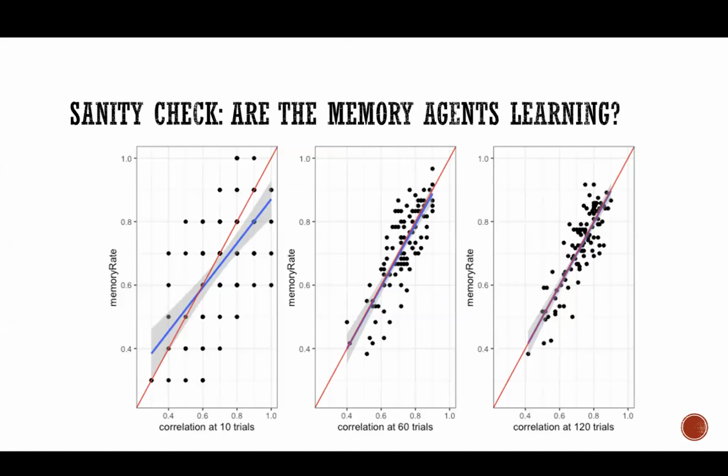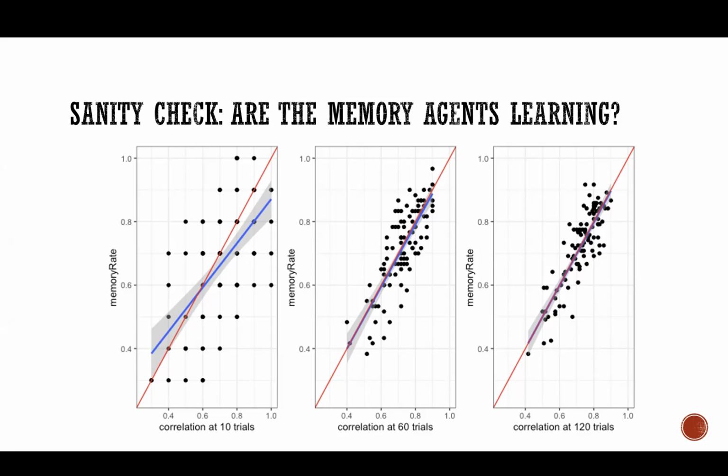Then we want to see whether the memory agents are learning. Maybe I made an error in the function. So what I do is I say, if I take only 10 trials, I take the true bias in the other agent, and I take the propensity of the memory agents to pick right. We can see that at 10 trials, it's pretty widespread. There is a positive correlation.